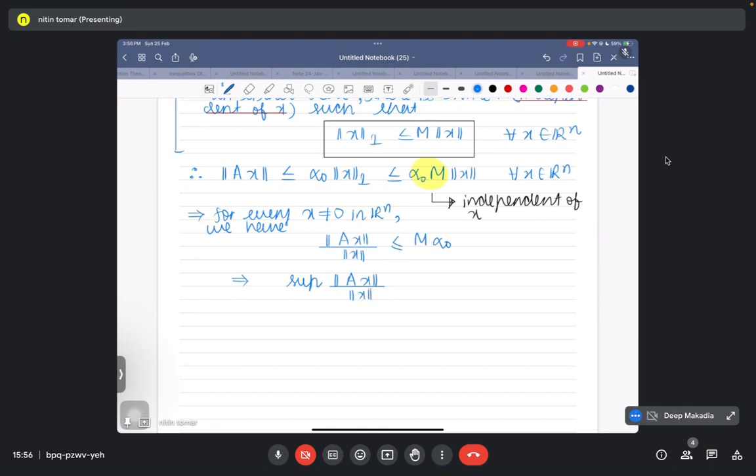Or in fact, maximum you can take. Maximum, right? For x non-zero. But what was this? What is the left hand side? This is the matrix norm. Am I correct? And so this is a finite number. Now is the proof clear?